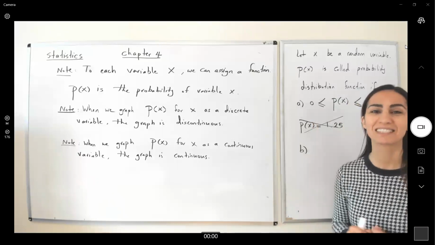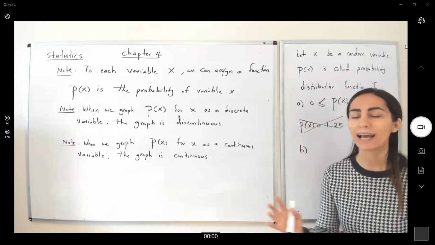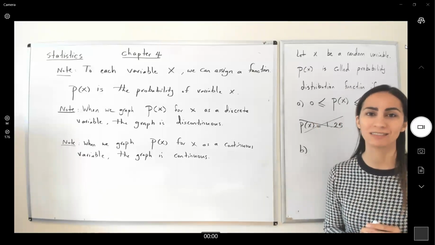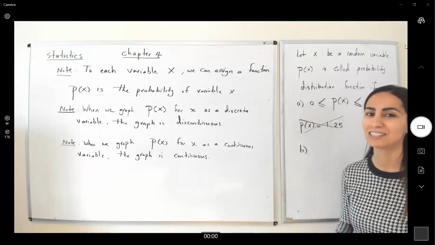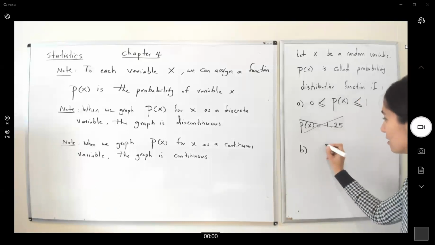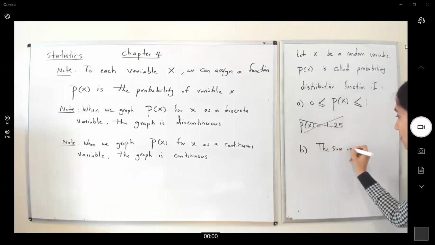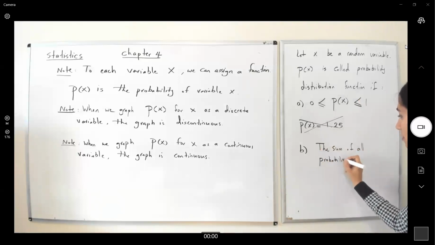Part B says, if you take all of those probabilities and add them all together, it must be 1. Otherwise, it's not going to be a probability distribution function. So the sum of all probabilities must be 1.